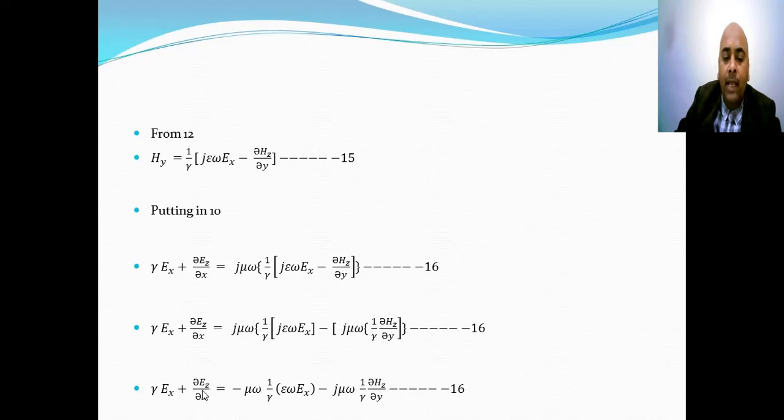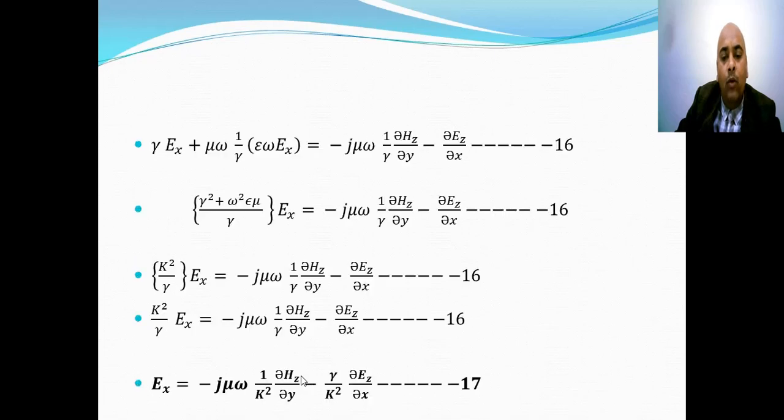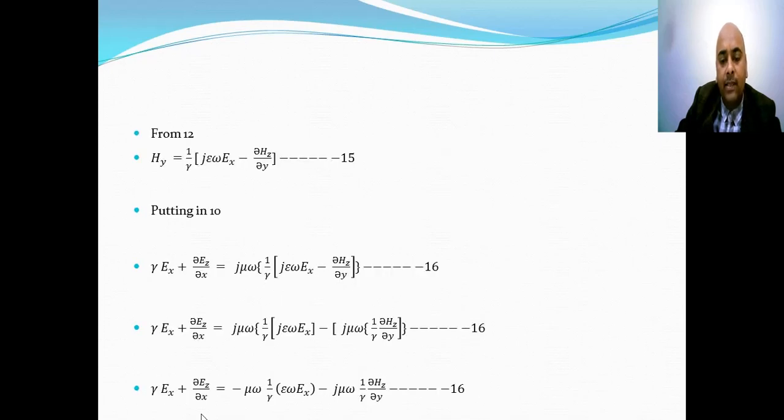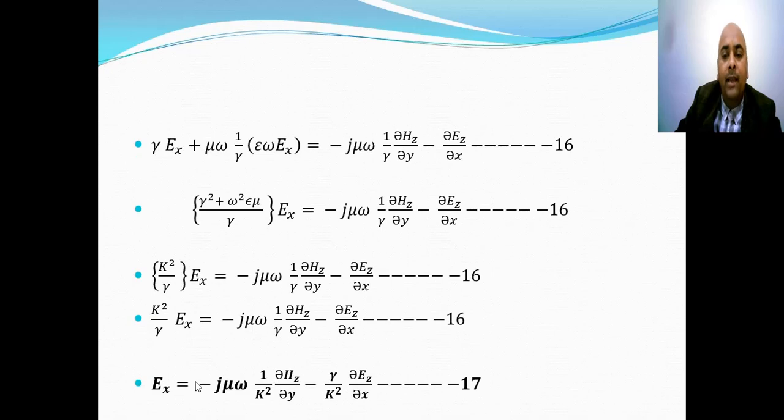Now separating Ez and Hz terms on one side and finding the value of Ex, we obtain that Ex is equal to minus j mu 1 upon k square curly Hz upon curly y minus gamma upon k square into curly Ez upon curly x, where k is a constant whose value is k square equals gamma square plus omega square epsilon naught into mu.